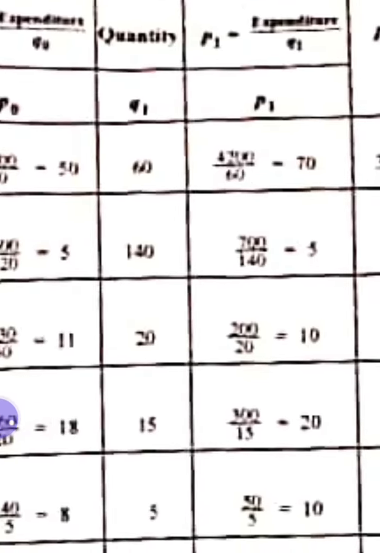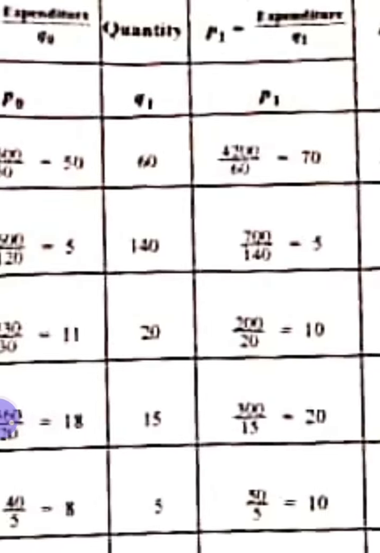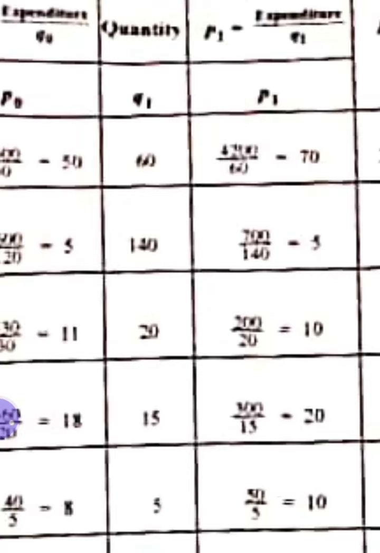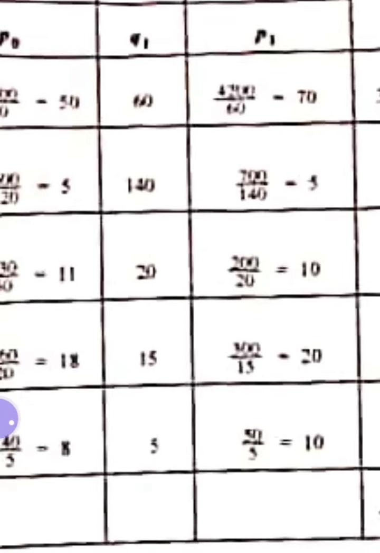Similarly for item B it would be 700 divided by 140 will give us 5. Similarly for item C it would be 200 divided by 20, right, will give us 10. For item D it would be 300 divided by 15 will give us 20, and for item E it would be 50, that is the total expenditure divided by 5, that is the consumption. We are going to get 10. That is how we got P1.